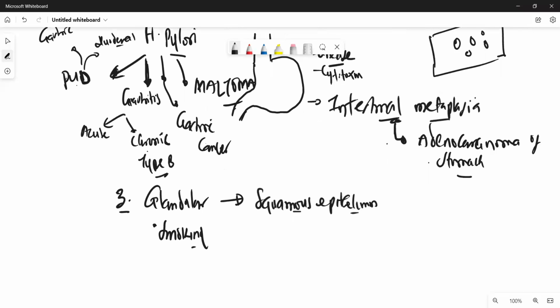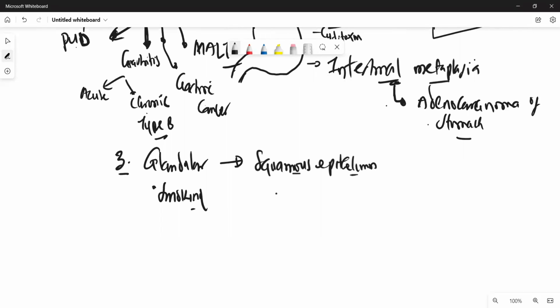When you look at the trachea, of course, the trachea divides into two, into both right and left main stem bronchi. And this bronchus is lined by pseudostratified columnar epithelium.